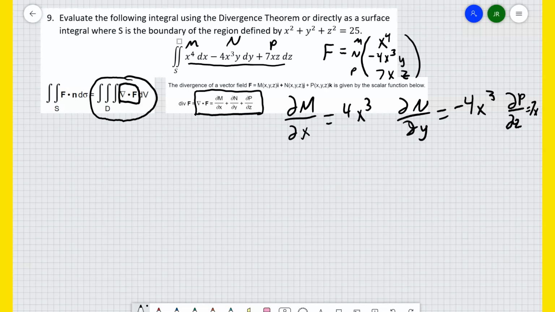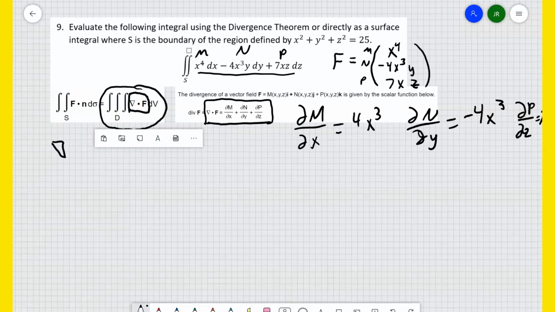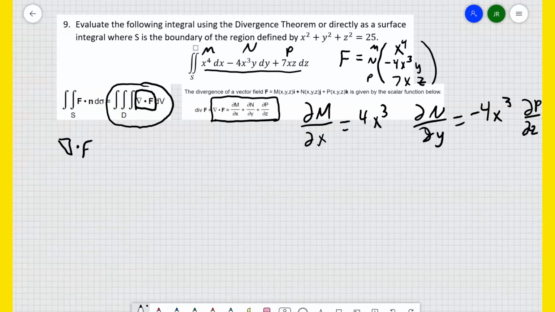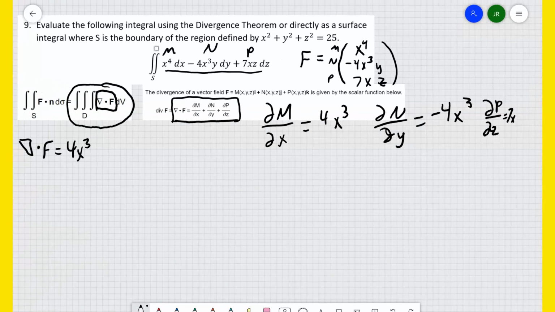So let me just write this explicitly and simplify it. Gradient dot F equals 4x cubed minus 4x cubed plus 7x, which is just 7x.